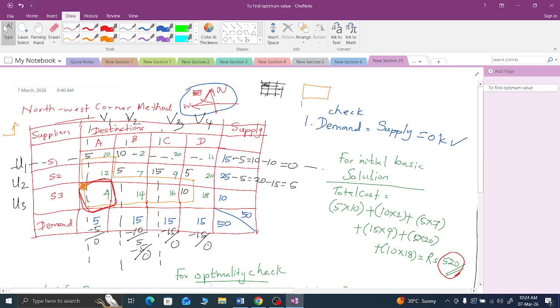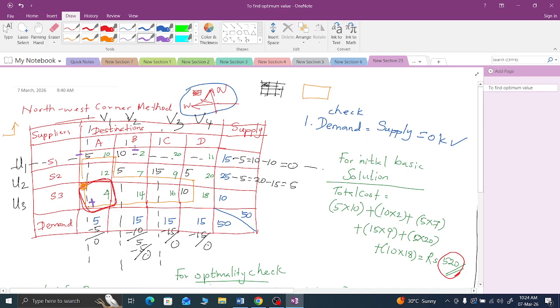So I start from here with plus. Next I move in this direction or that direction. So this one is negative, this is negative, right? In this corner, this is negative and this is positive.